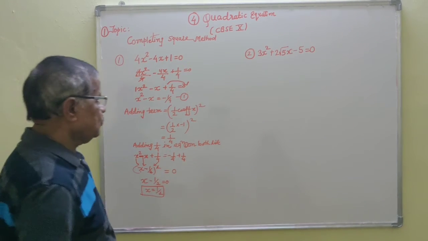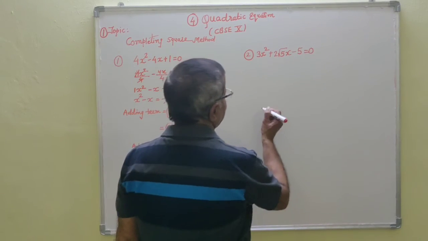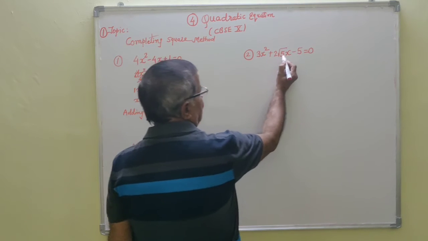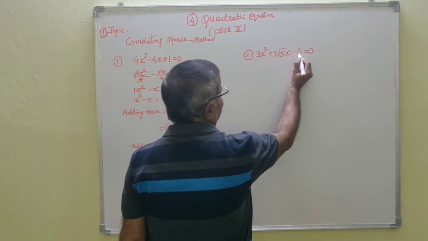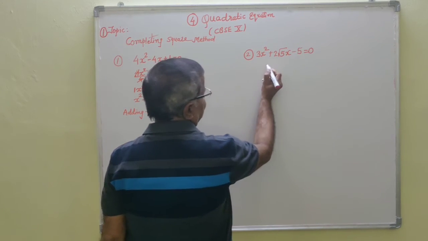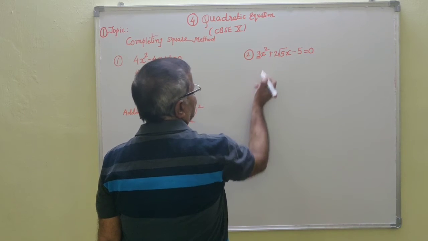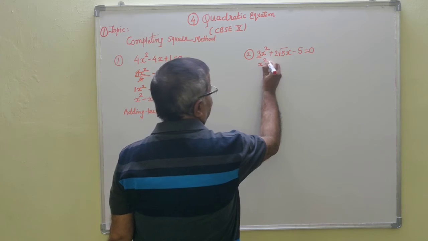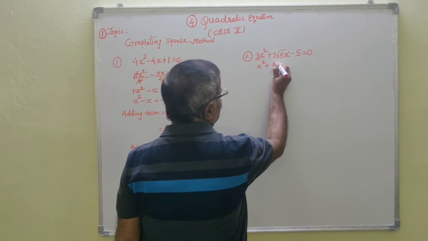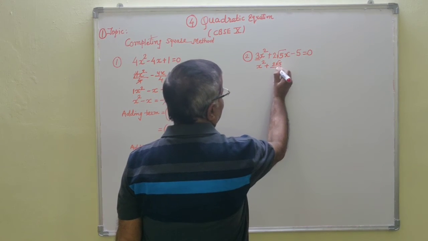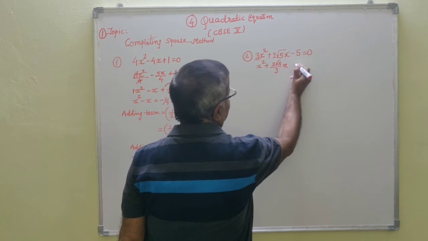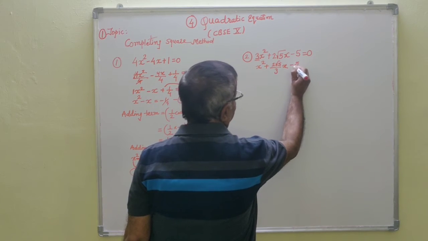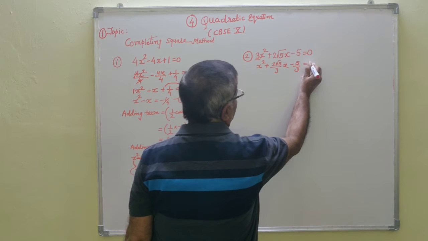Now we will go to another problem, which is given as 3x square plus 2 root 5 x minus 5 is equal to 0. In this equation also I will divide the whole equation by 3. Now I am doing this one. x square plus 2 root 5 upon 3 x minus 5 by 3 is equal to 0.